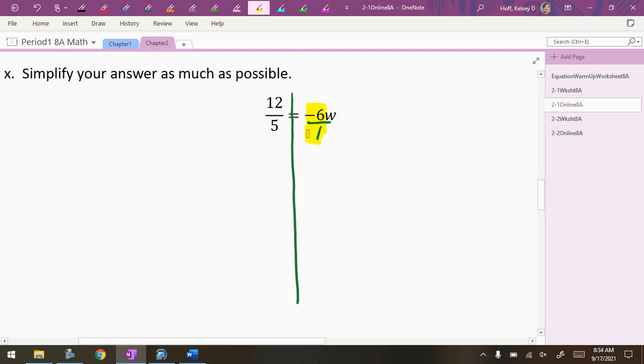And to get rid of that, I need to multiply by the reciprocal. Somebody I haven't heard from, tell me what the reciprocal of -6 over 1 is. What are you going to multiply by to get rid of it?